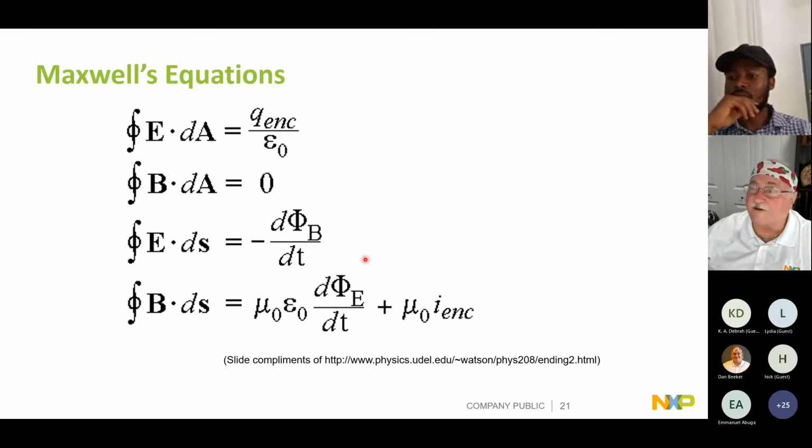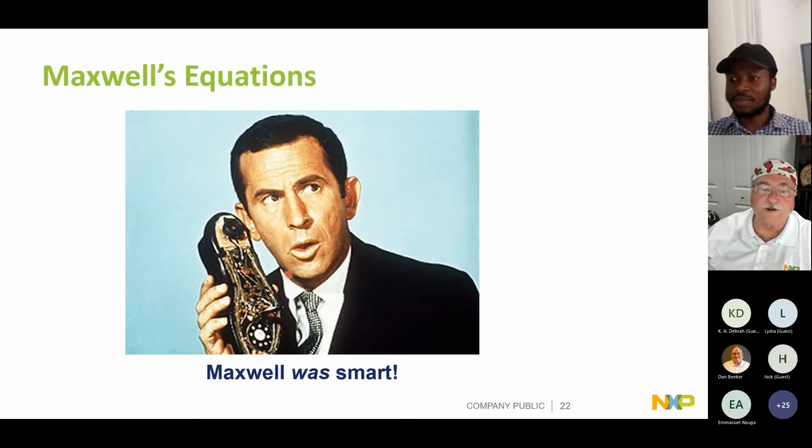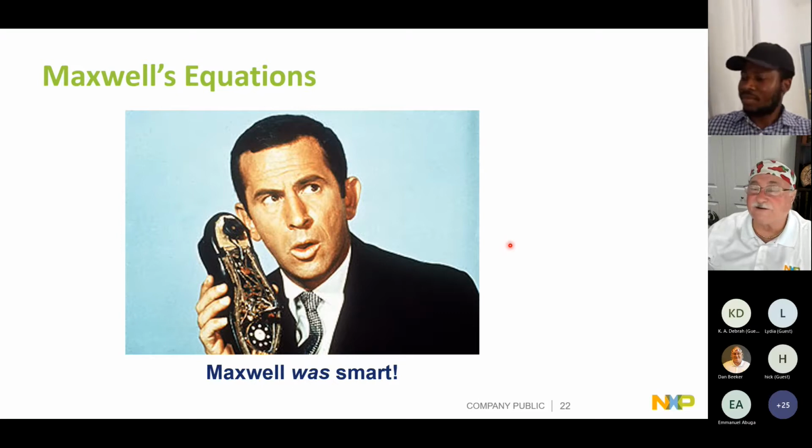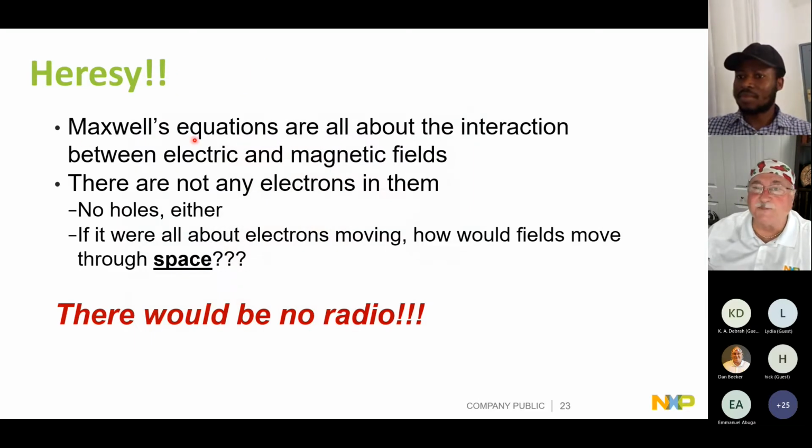Ralph could spend all day explaining them. I'm not a physicist, and I don't do calculus anymore because I forgot all that. So the idea is that these guys were all extremely intelligent, and their intuition was unbelievable. Maxwell was smart, but you don't have to know calculus or understand the deep parts of physics to be a successful PC board designer and electrical engineer.